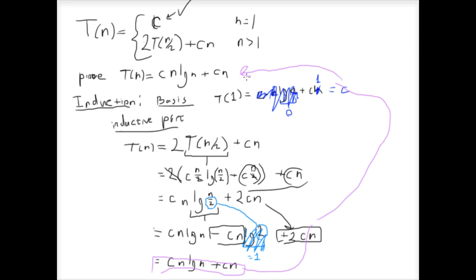It's important that we were able to use only our inductive hypothesis and algebra to recreate exactly the thing that we were trying to prove given the inductive thing. And if you're not familiar with inductive proofs, the idea is you prove the basis case, and then you can prove an inductive part assuming it's true for the basis case.